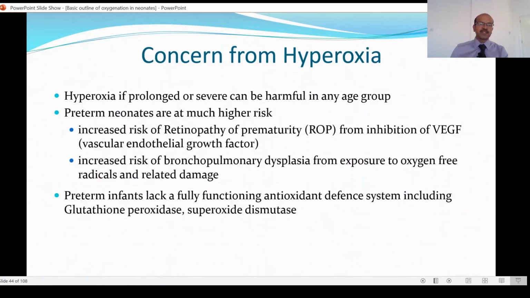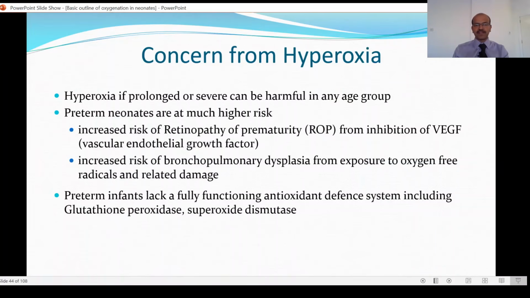So preterm neonates are at a much higher risk from the hyperoxia effect. They are at risk of retinopathy of prematurity. We will discuss in detail about how it works in one of the next slides. There is increased risk of bronchopulmonary dysplasia from exposure to oxygen-free radicals and the related damage.